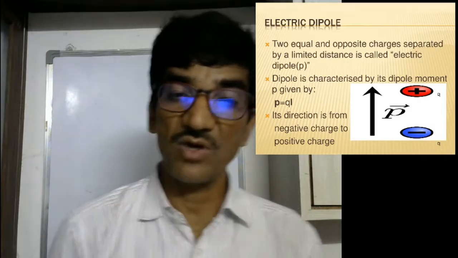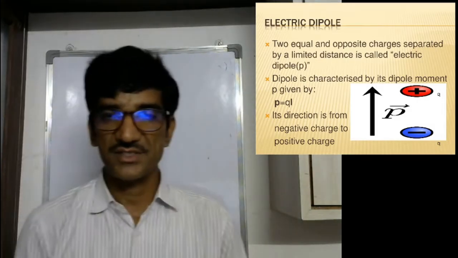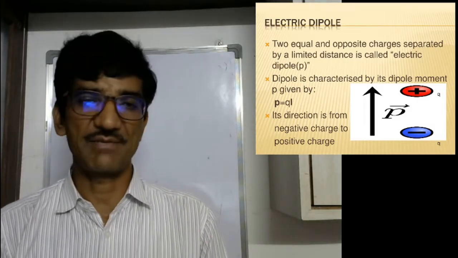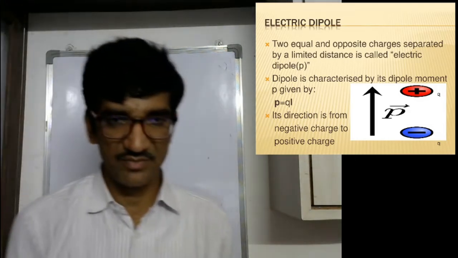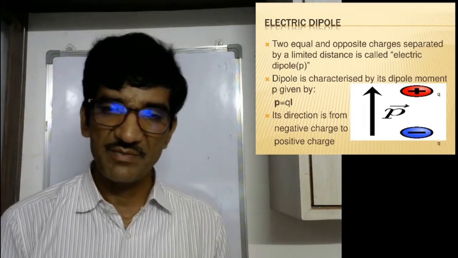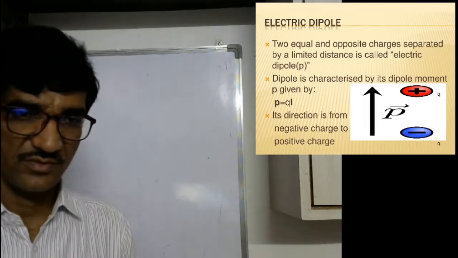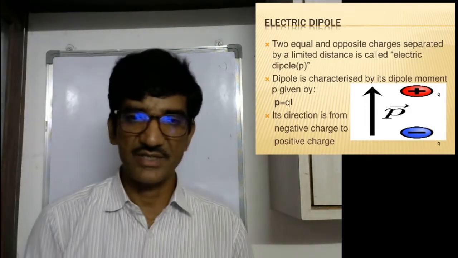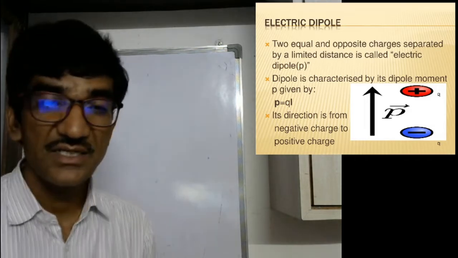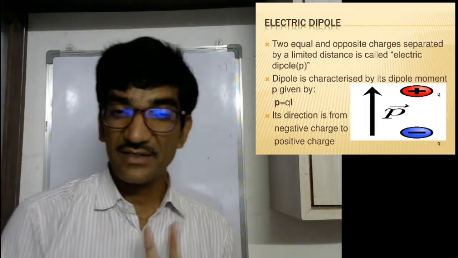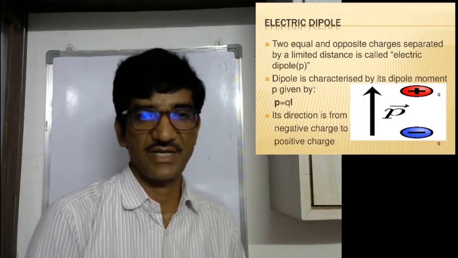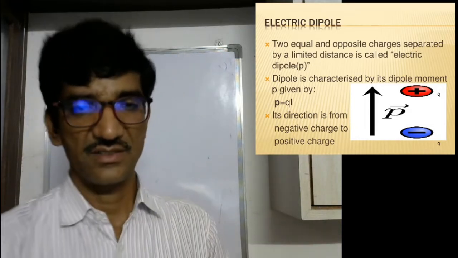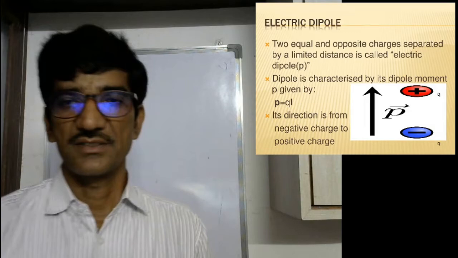In magnetism also, you come across the word dipole, that is magnetic dipole. Their poles are separated at a limited distance. Here, two different magnetic charges are separated with a limited distance. Okay, right.